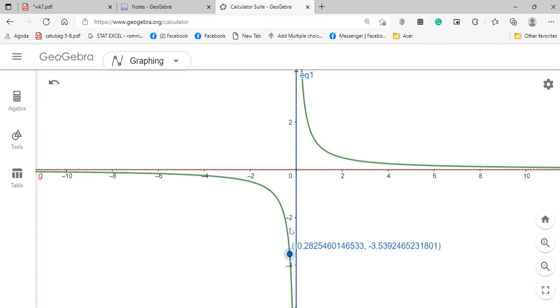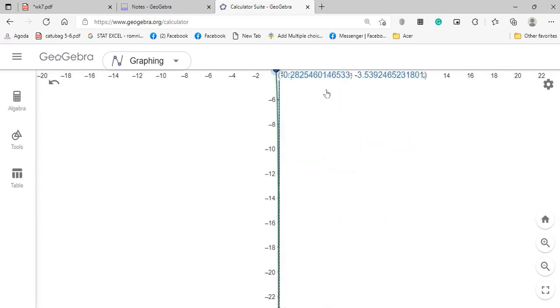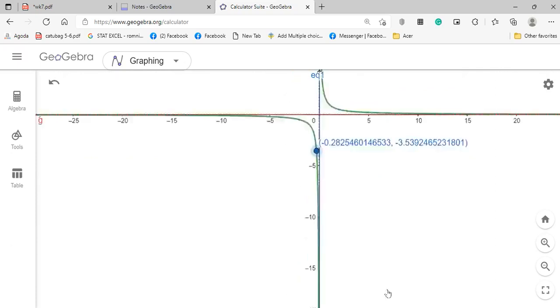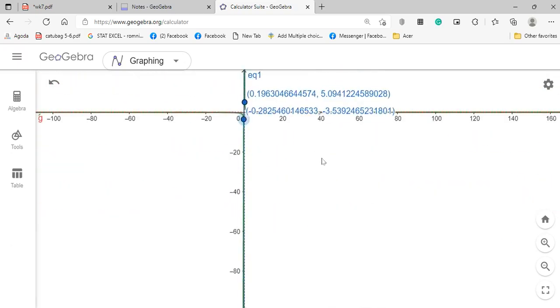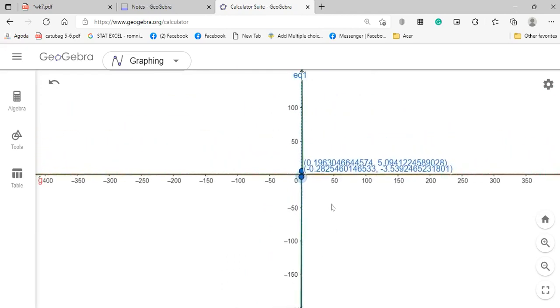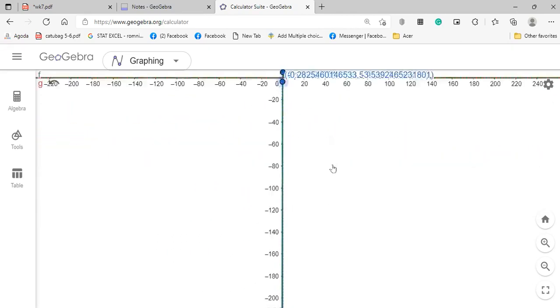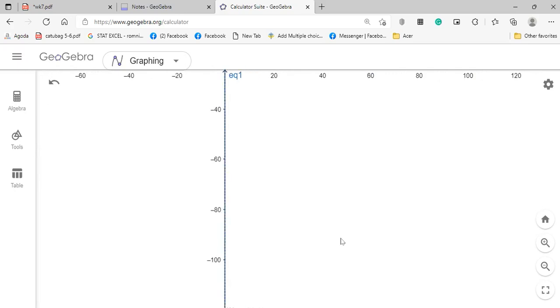Making it true that when x gets closer to 0 from the left, y just keeps on decreasing without bound. Ayan, the graph can tell you infinitely. Kahit hanggang kamatayan natin itong i-zoom, hindi yan mag-i-stop sa pag-decrease.